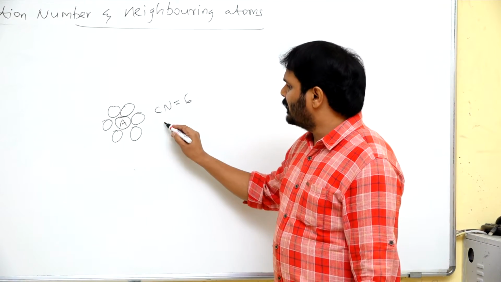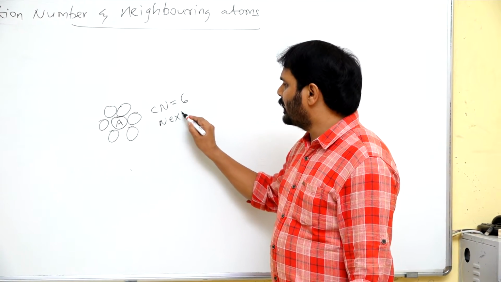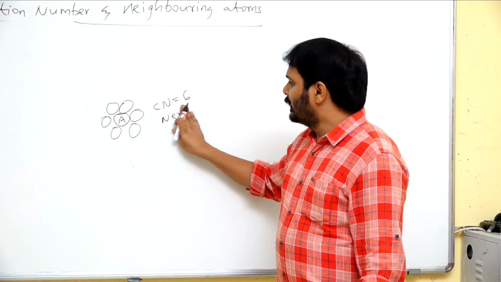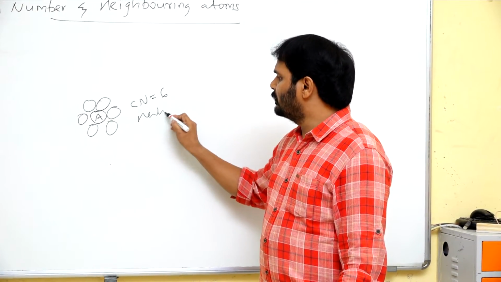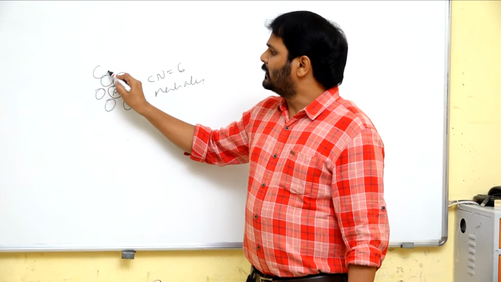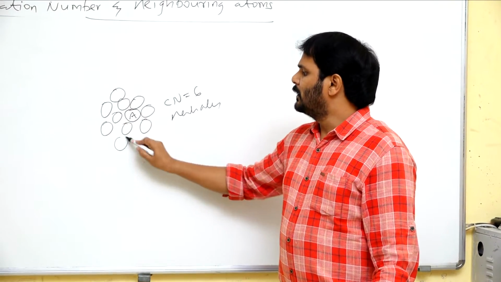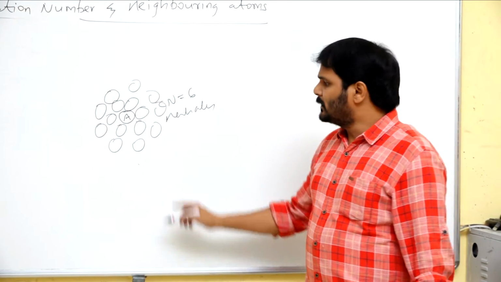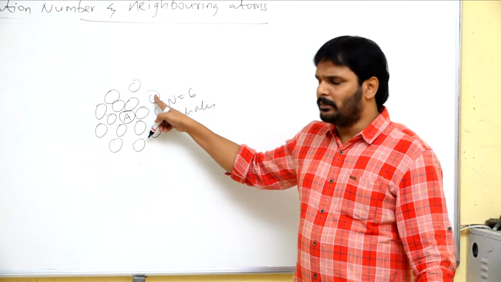Now these atoms directly in contact with the central atom A are known as nearest atoms. Similarly, I can draw one more layer. Again, these are also known as neighboring atoms, but not known as coordination number.